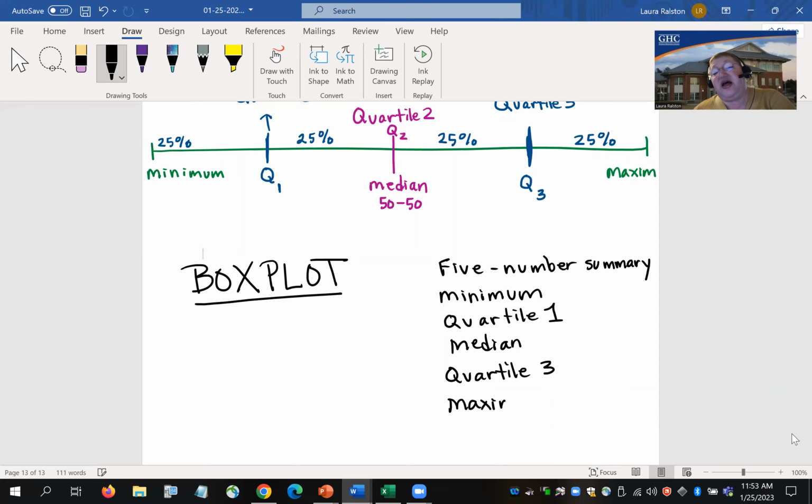So the box plot is a visual display of the 5-number summary.